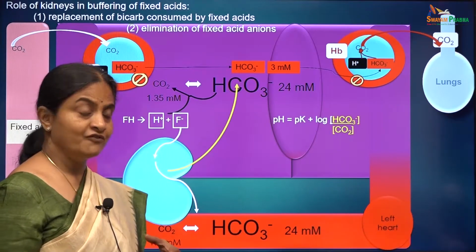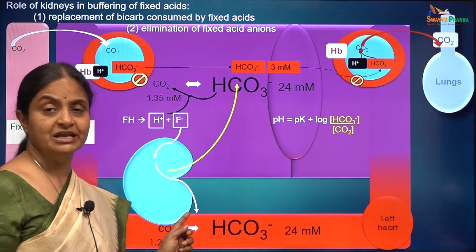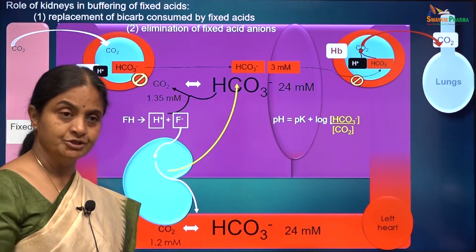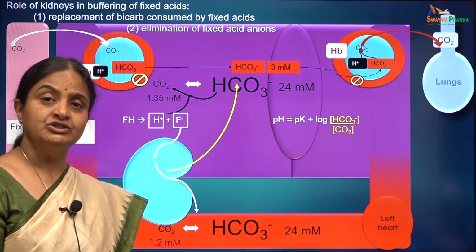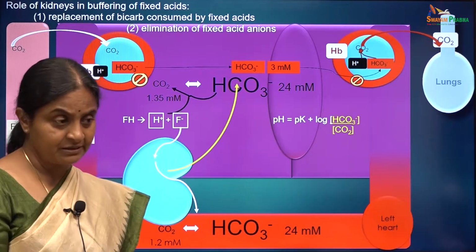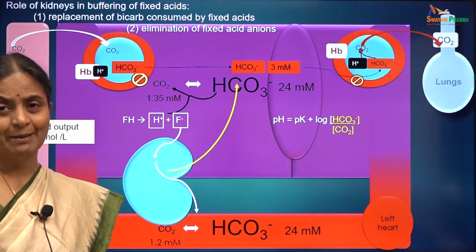The concept of why elimination of fixed acid anions is important for pH regulation will be understood when we discuss the need for maintenance of electroneutrality of plasma and when we discuss the concept of what's called the anion gap.